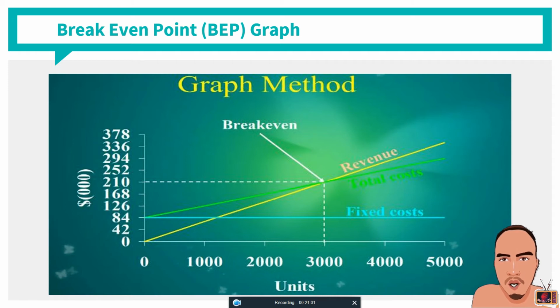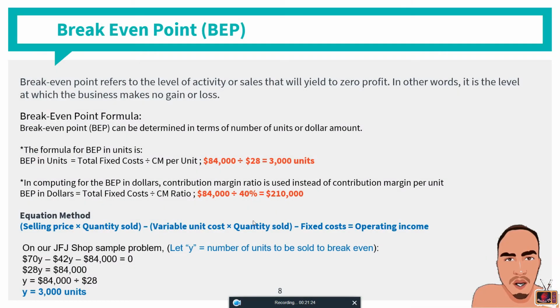The next is the graph method for the break-even point. So as we can see, on the y-axis we have the price. Then on the x-axis we have the units, or how many units are to be produced. With this, we plotted the 3,000 based on our result here.